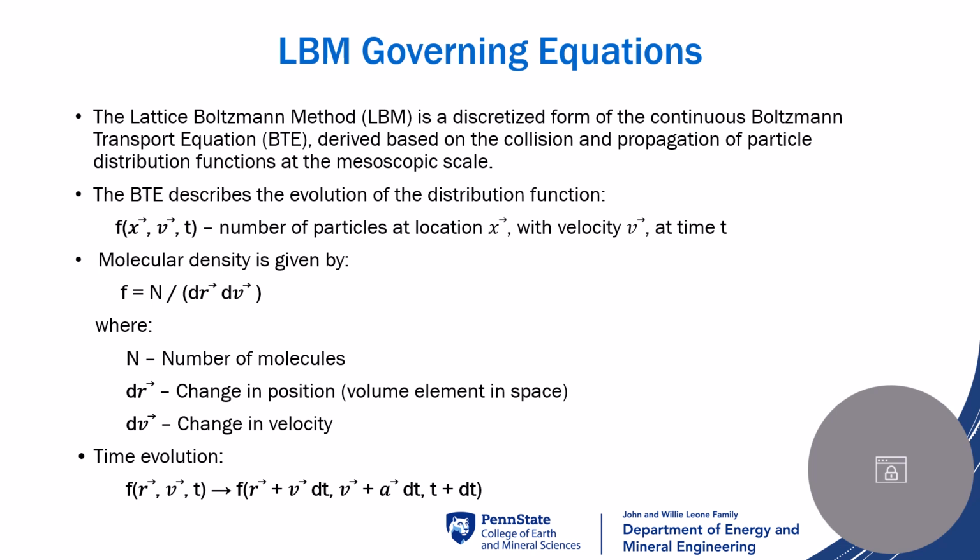This acceleration is represented by a, and over a small time dt, the velocity changes by a times dt. Third, of course, time itself moves forward. So altogether, the distribution evolves like this: f of x, v, t becomes f of x plus v dt, v plus a dt, t plus dt.